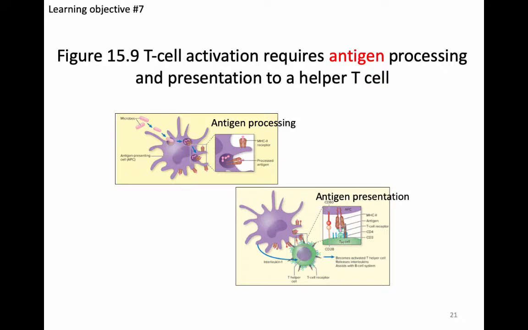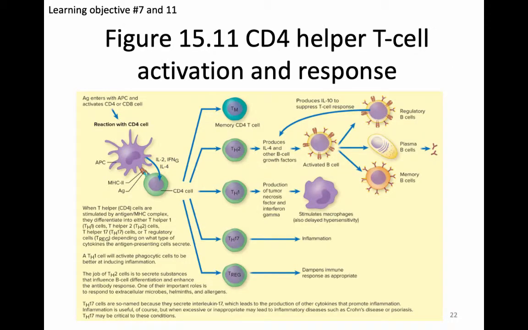So we see the helper T cell bind to the presented piece of the antigen with its T cell receptor, and after this, the T helper cell will orchestrate or organize a response of multiple types of immune cells.